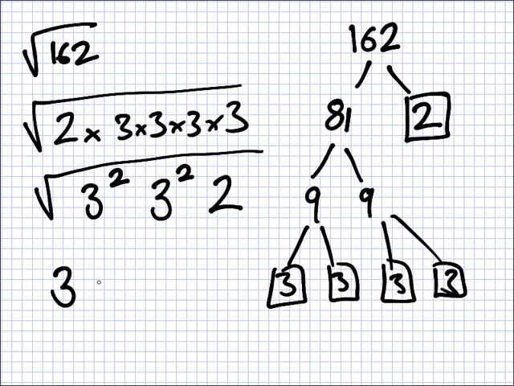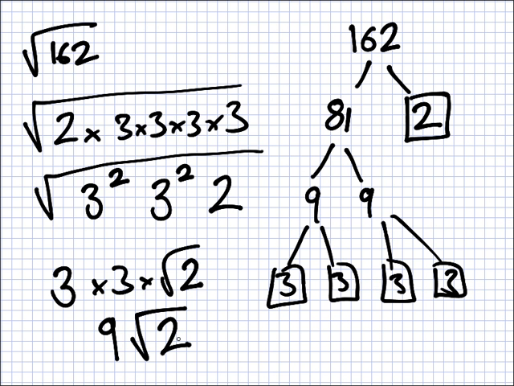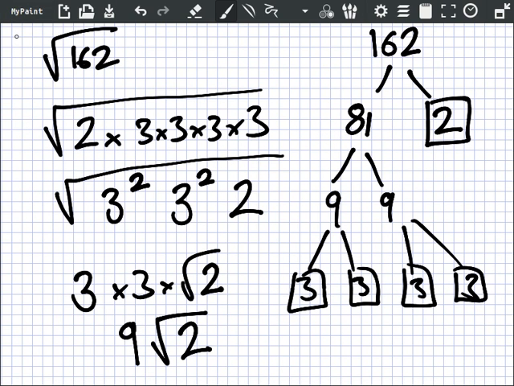What's root 3 squared? 3. And root 2 is just root 2. So the answer is 9 root 2. It's as simple as I can make it. Okay, we'll do another example of this, but you should write this down. This is our first example then.